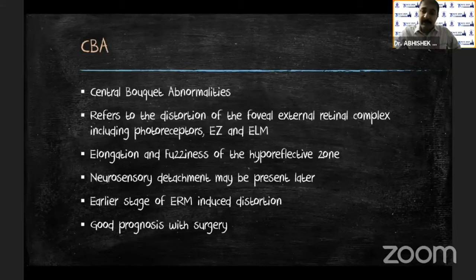Elongation and fuzziness are usually because of the mechanical stretch from the ERM traction, or sometimes in vitreomacular traction. Very occasionally, there is a small, limited neurosensory detachment also, and it usually presents in earlier stages of ERM. Usually it has a very good prognosis with surgery. You get very good visual recovery even if you have this preoperatively.